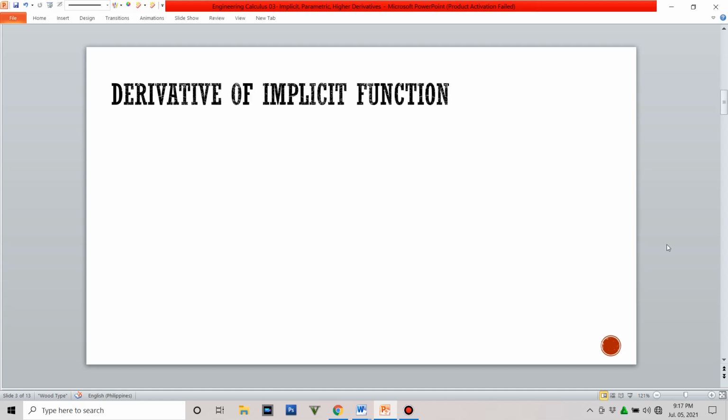To start with, we have the derivative of implicit functions. This is simply to differentiate a function with respect to an independent variable. So we must be aware what is the dependent and the independent variable, and normally we differentiate the independent variable.